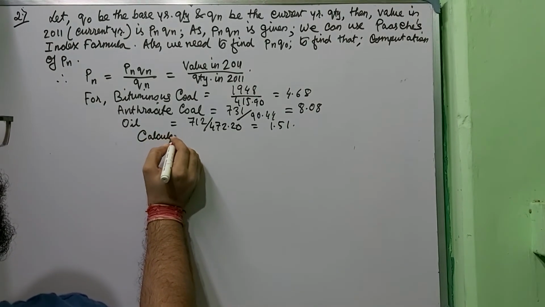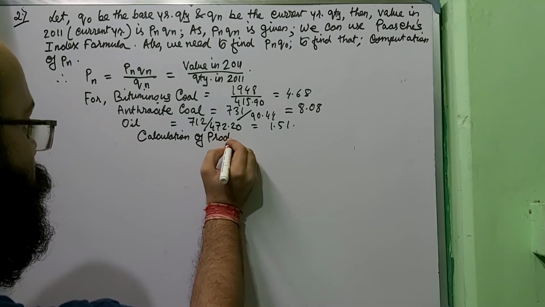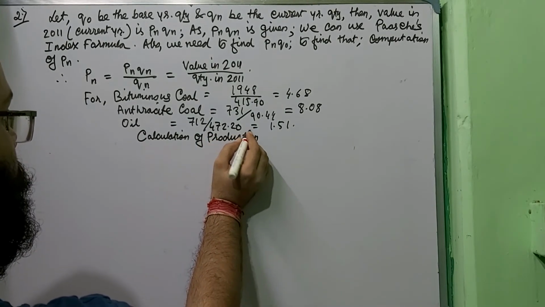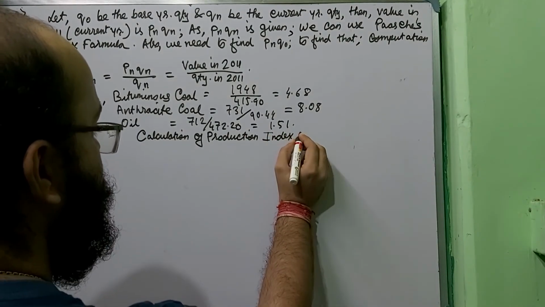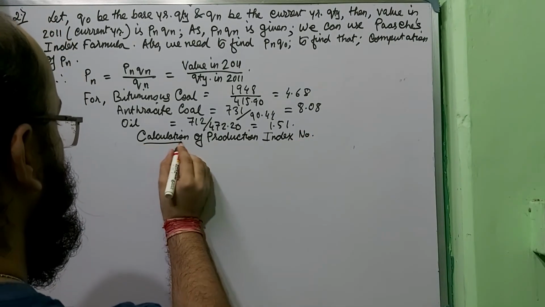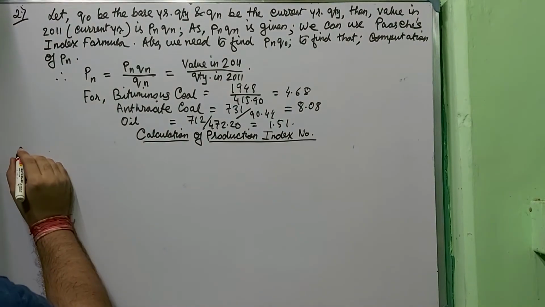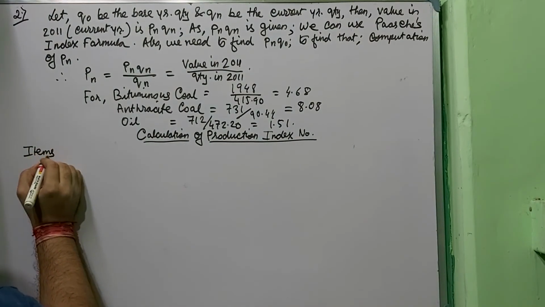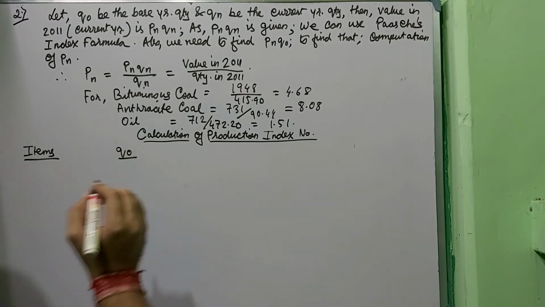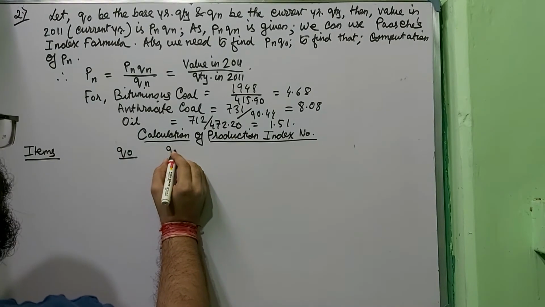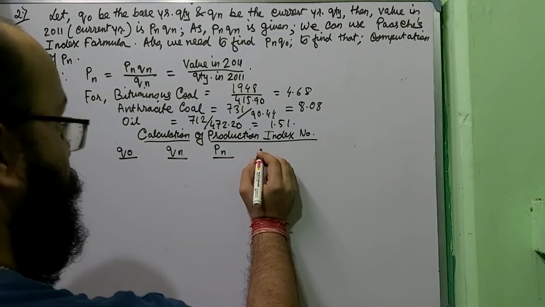Calculation of production index number. Right? Items, Q0, Qn, Pn, PnQn, PnQ0.